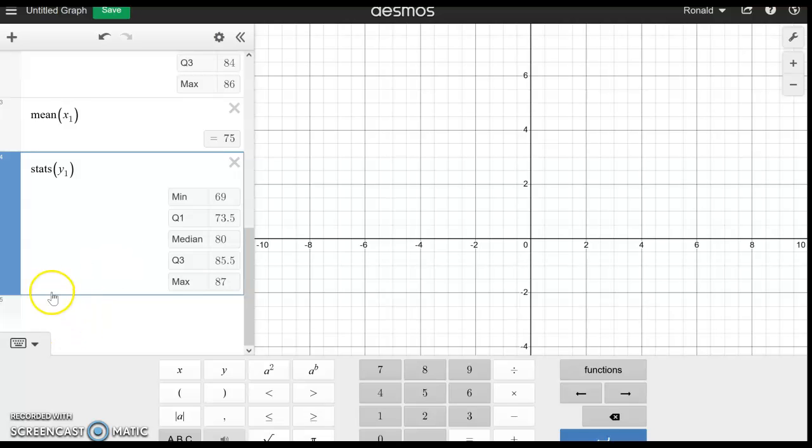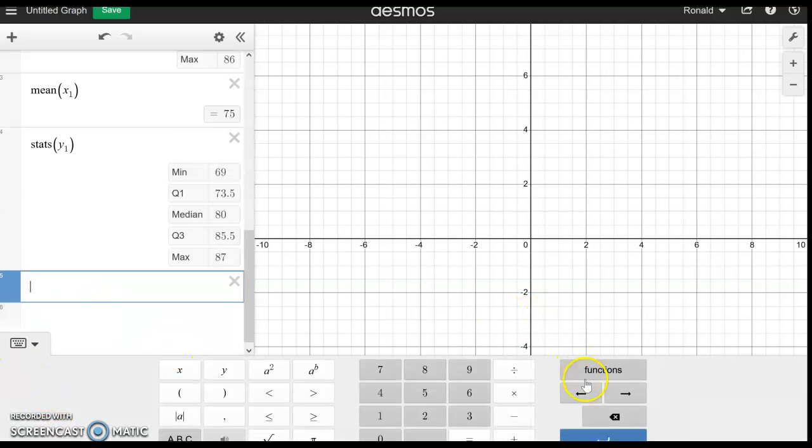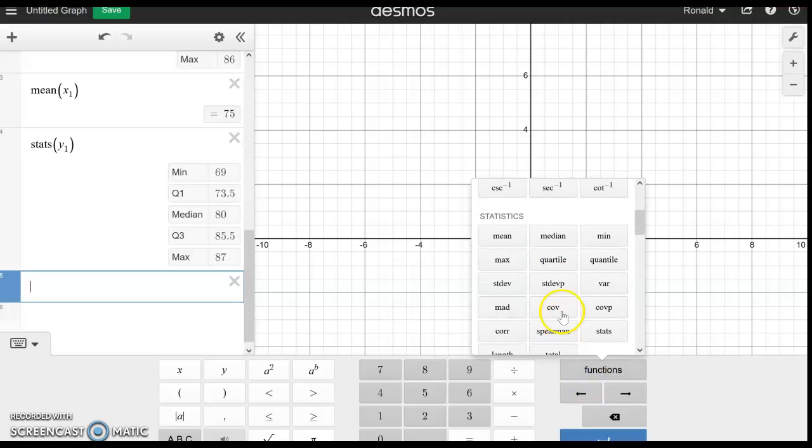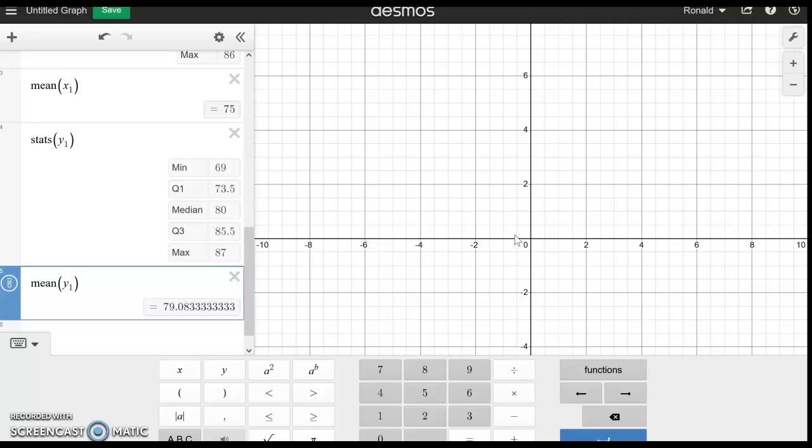Okay, we have to find the mean. So the mean here is type function and then mean. Here's the mean, y1. Express your answer into 2 decimal places. The mean is 79.08.